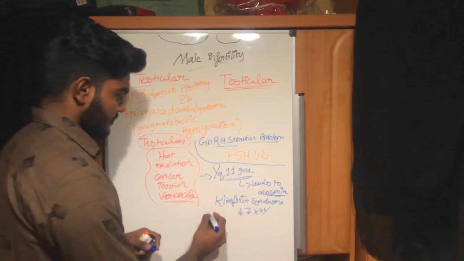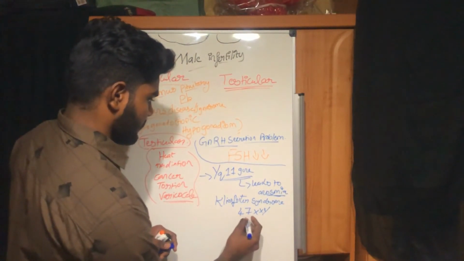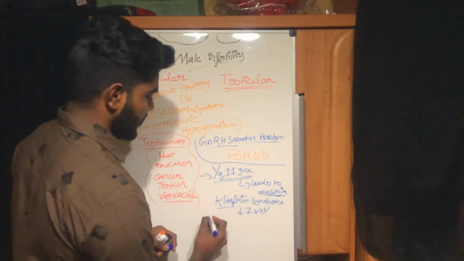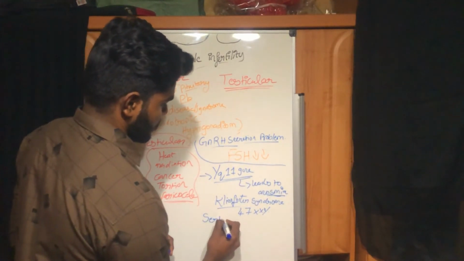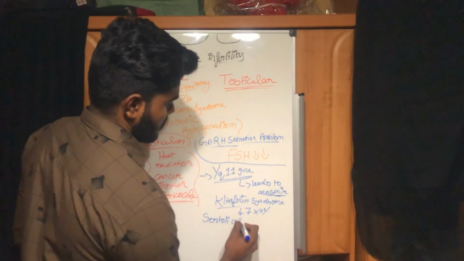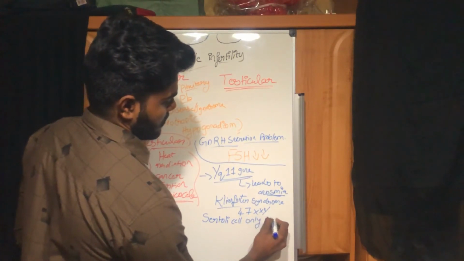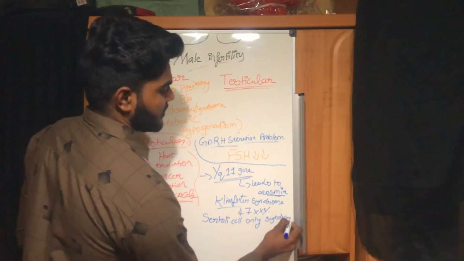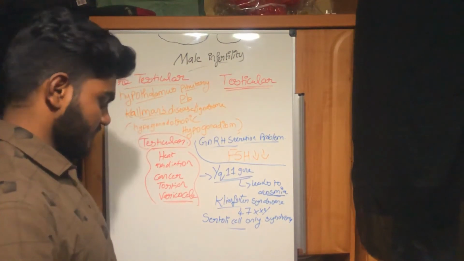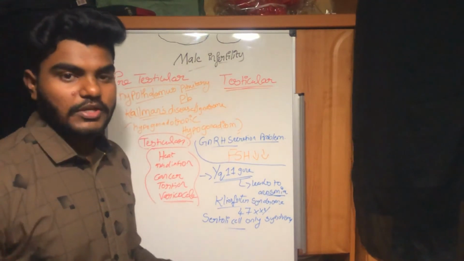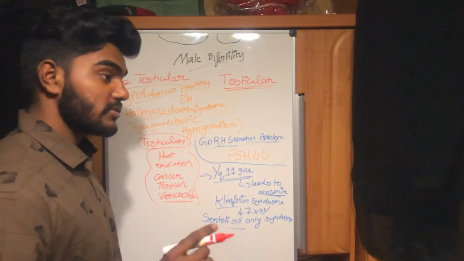And the next thing is Sertoli cell only syndrome. These Sertoli cells help to produce the sperm.